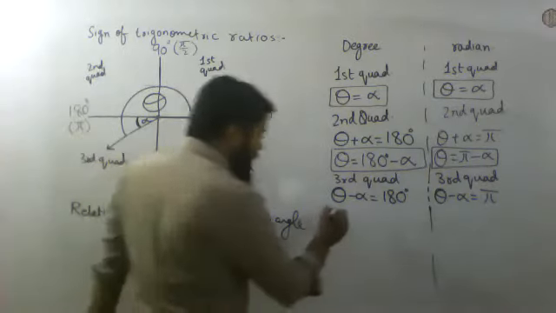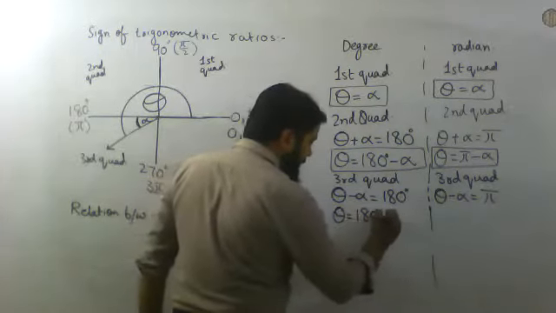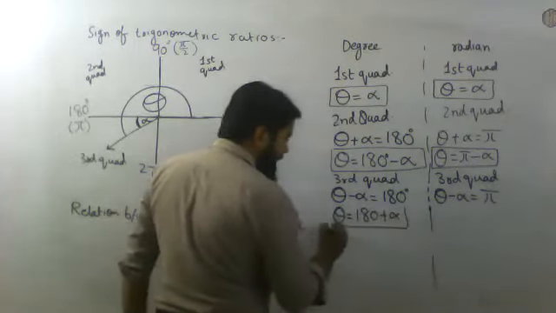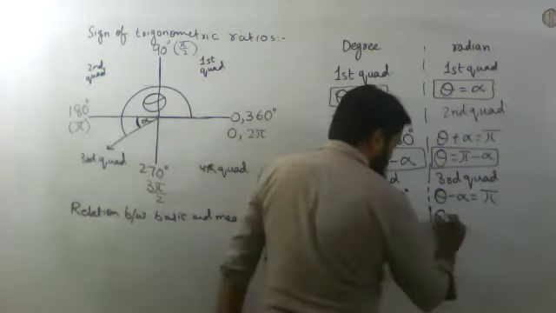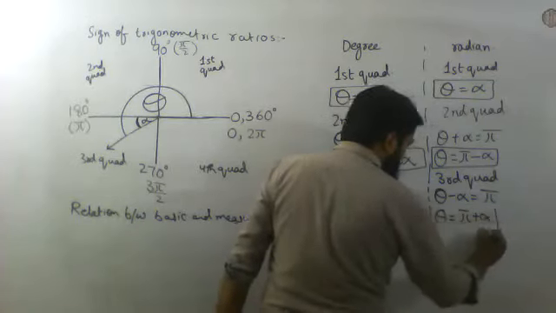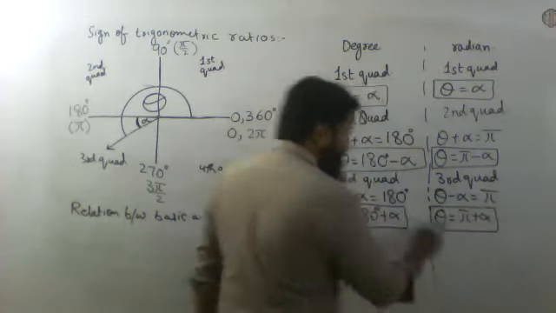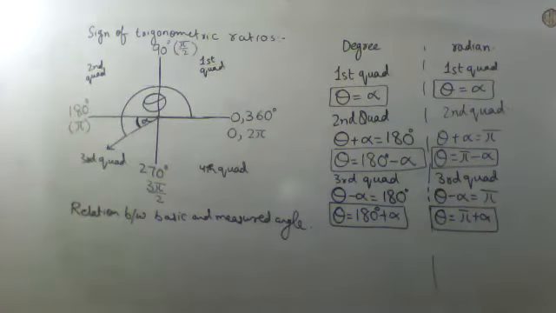So in order to form your relation, you can write it in this way also. Theta equals to 180 degree plus alpha, or theta equals to pi plus alpha. This will be the relation for the third quadrant which you can use over here.